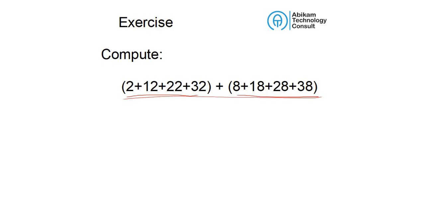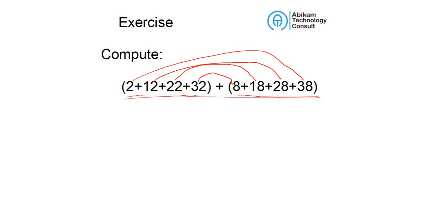Can I pick the last one here and the first one here? Let's see. 32 plus 8. Will it give me something elegant? Yes. 22 plus 18. 12 plus 28. And 2 plus 38. I don't want to add such that I will add the first one to the first one here. 2 plus 8, it will give me 10. 12 plus 18, it will give me 30. So I'm having different numbers. But I want to add such that I have the same number.